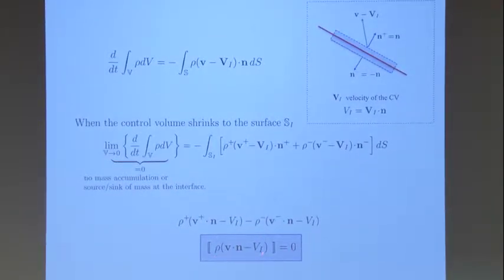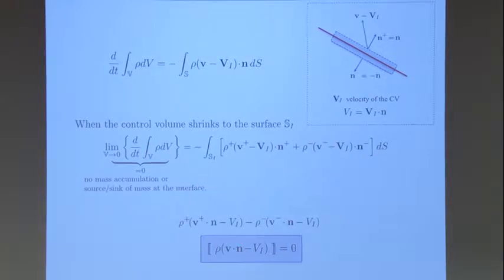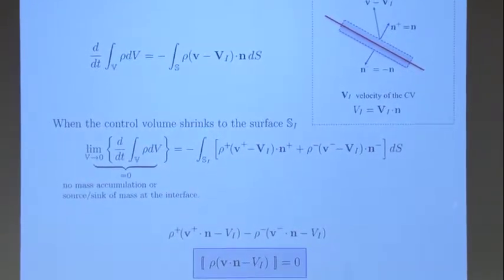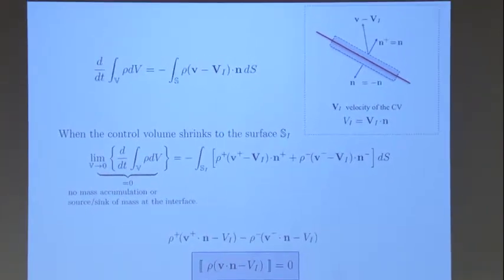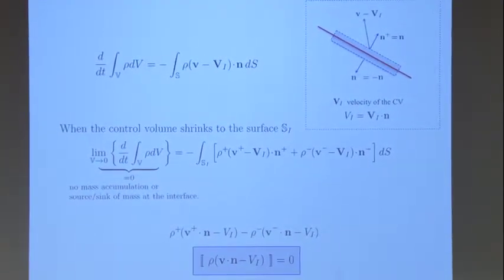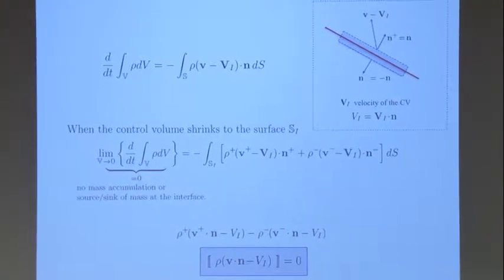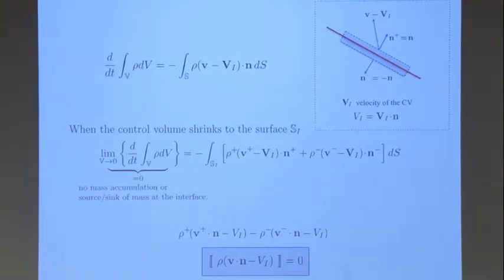So that means the jump, the difference from one side to another. As long as it's equal to 0, it doesn't matter which side is which, but once the right-hand side is not 0, we have to abide by some rule. So we have to be consistent when we say the jump is which side minus which side, right? Okay, so this is about mass.